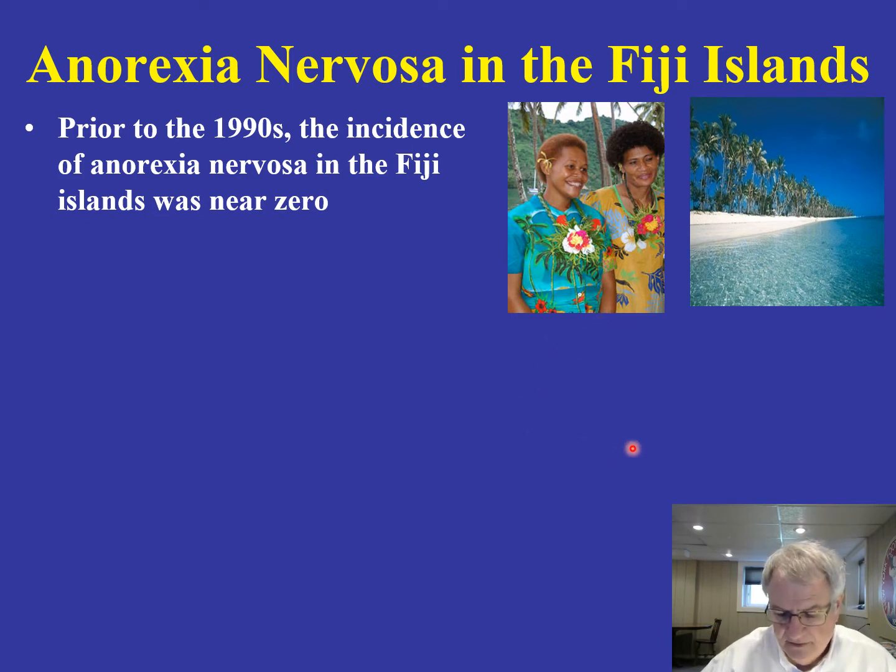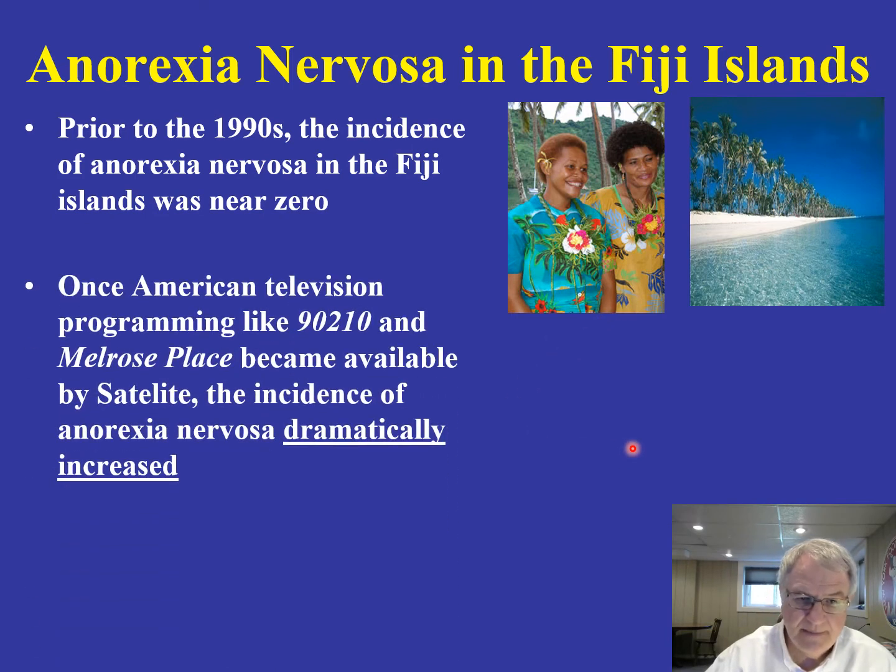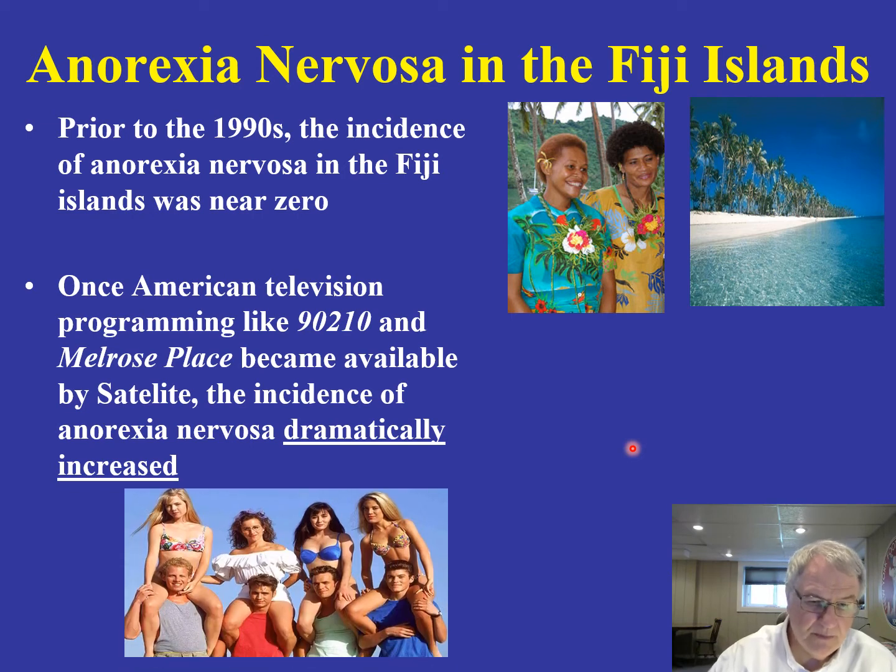But then something very interesting happened. Television programming like 90210 and Melrose Place, which showed these idealized bodies, these female figures that you see here, became available by way of satellite to island nations like Fiji, and anorexia nervosa dramatically increased.